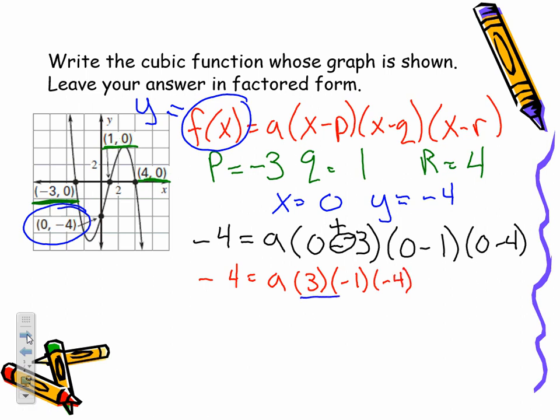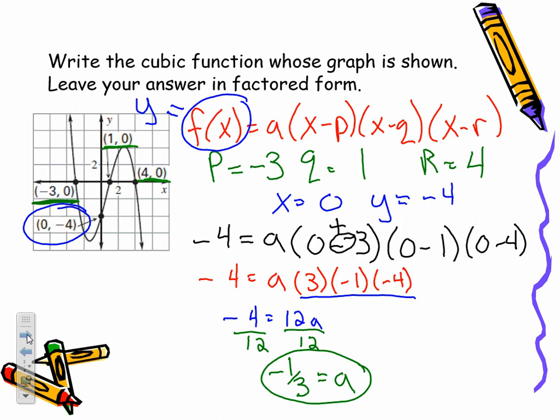Multiply all these together. I'm going to get -4 equals 12a. To get a by itself, divide both sides by 12. And I am going to get -1/3 equals a.